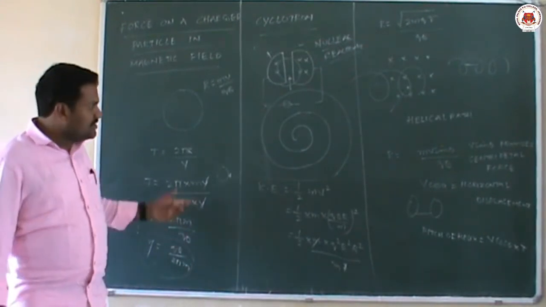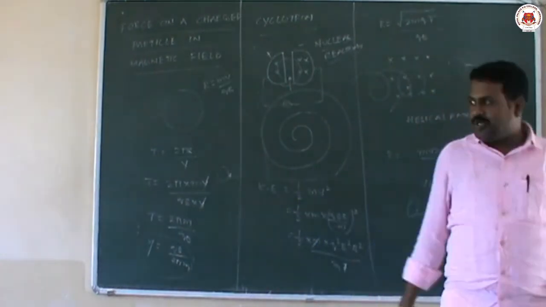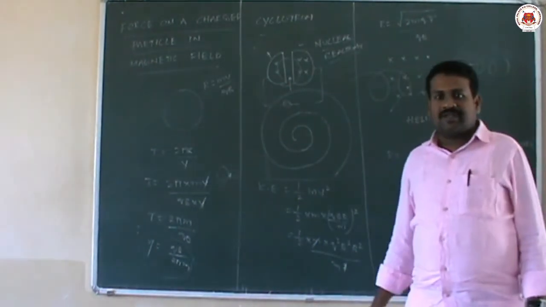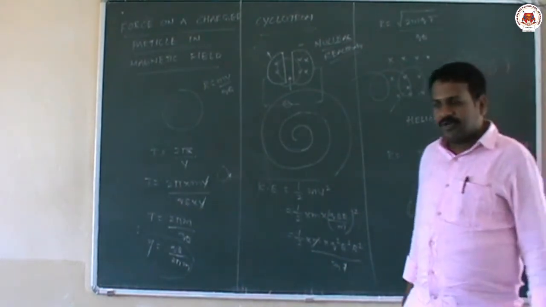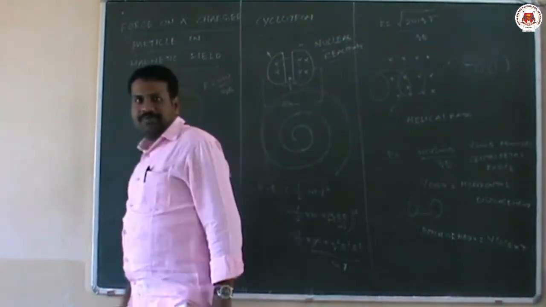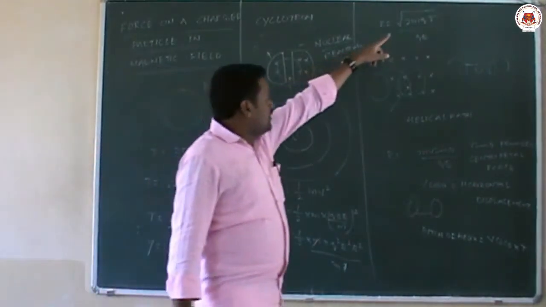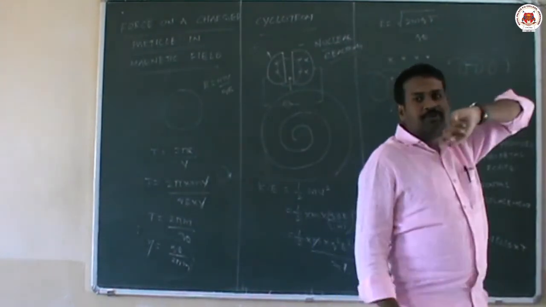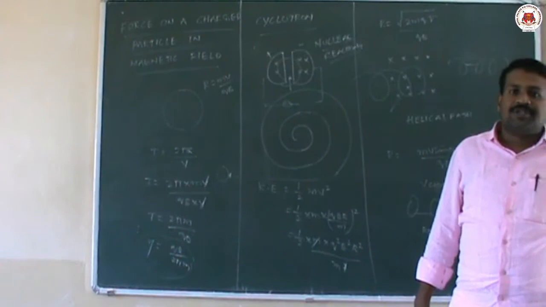From radius, mv is momentum, so you can write it as momentum by qB. And momentum you can write as under root of 2m KE, divided by qB. And one more formula: KE you can replace by qV, where here V is not the speed of the particle, V is the potential difference.